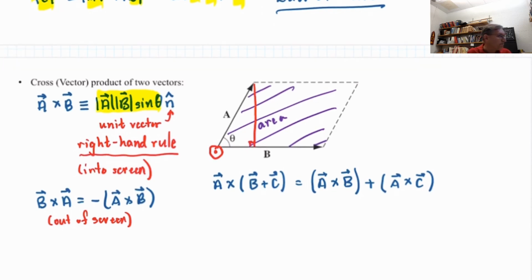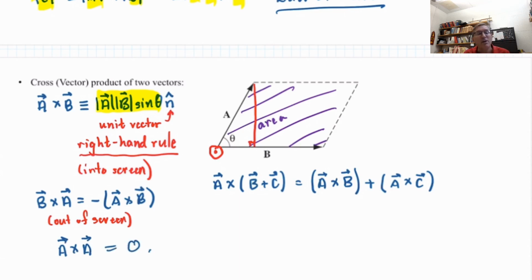That's useful. Here's one other very useful thing to remember. If you take the vector product of any vector with itself, remember we did the dot product of a vector with itself? What if you do the vector or cross product of a vector with itself? What do you get? You see what the answer has to be? It has to be 0, right up there from the definition.